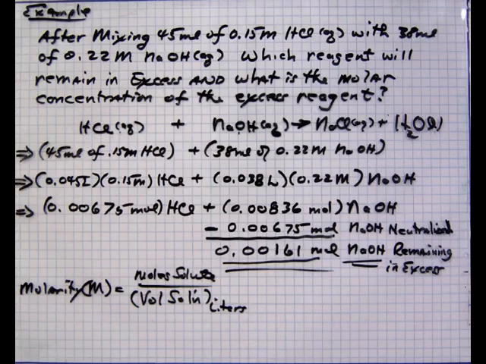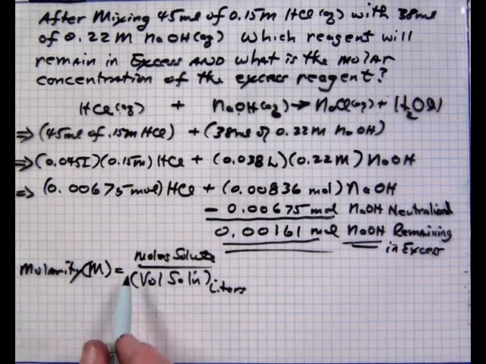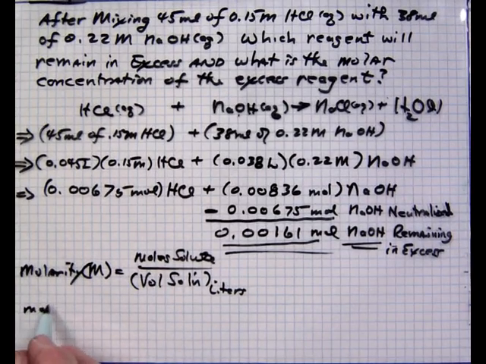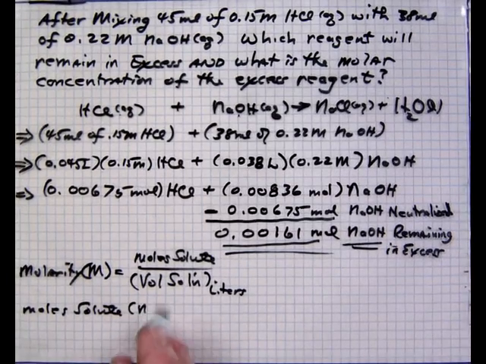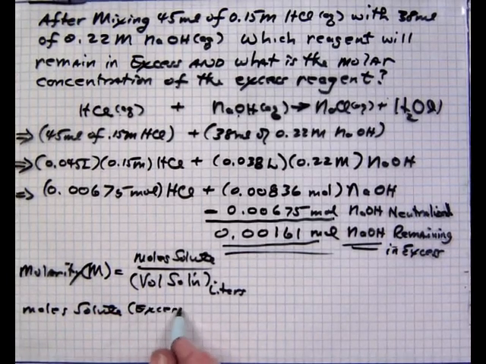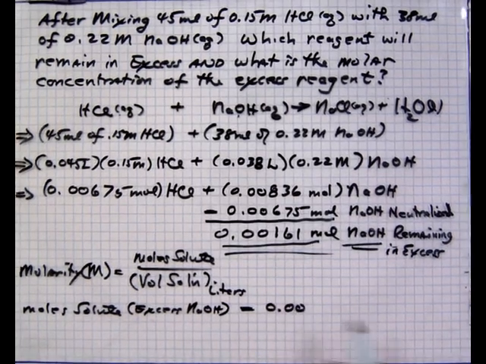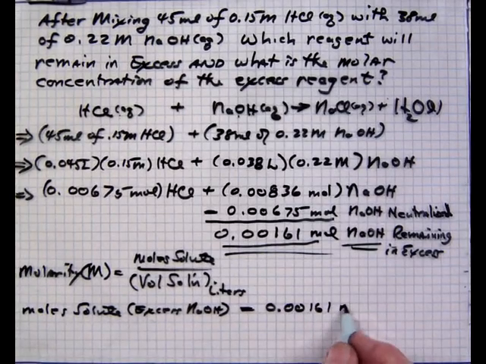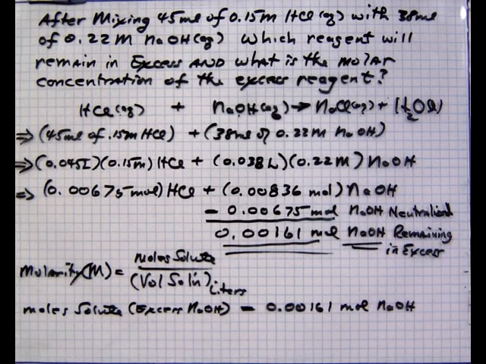Your moles of solute, which is your excess sodium hydroxide, is equal to 0.00161 mole of NaOH, and that's the solute that remains in the solution. It's got sodium chloride in there, but this is in addition.